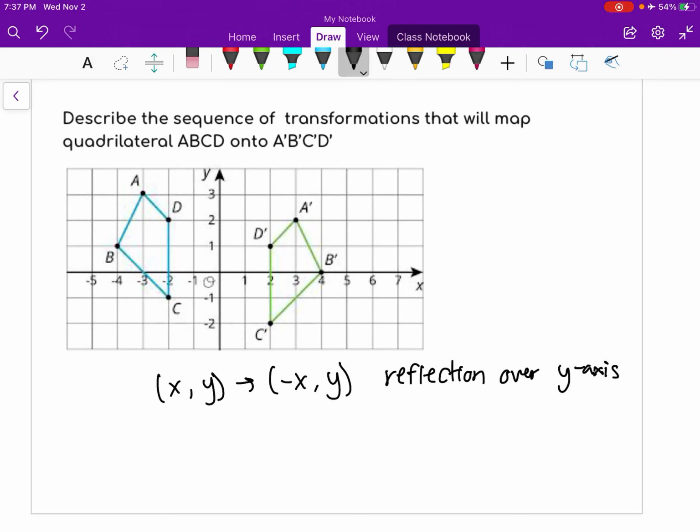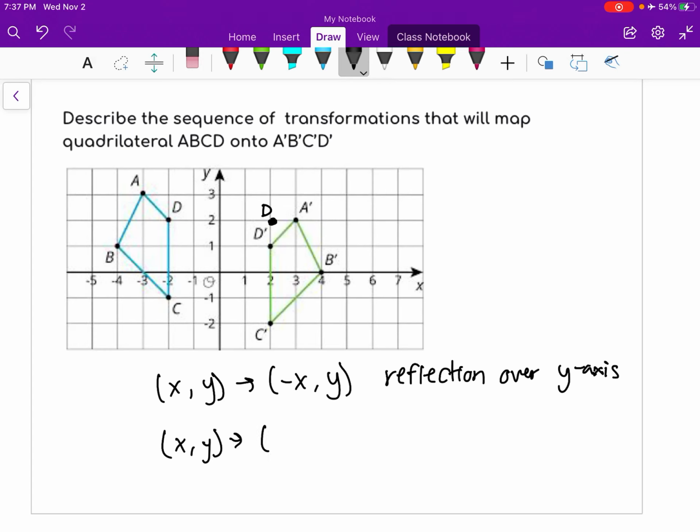Now, if we were to truly reflect this over the y-axis, our points would end up somewhere here. But you'll notice that's actually not the case. This figure has also been translated down. So we've only gone 1 unit down here.